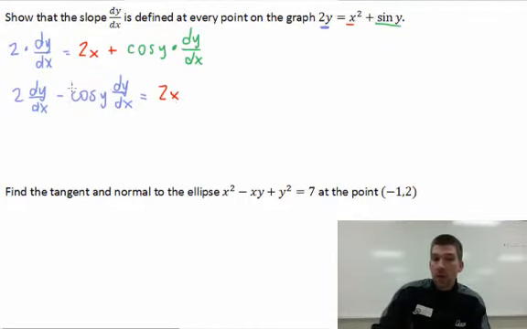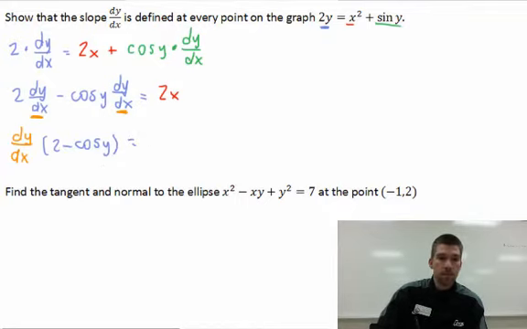I've got all the dy/dx's together on one side. So guess what I can factor out of both pieces? You guessed it, dy/dx. Now this is kind of like an algebra problem of old. So I have dy/dx times (2 minus cosine y), and that's equal to 2x.